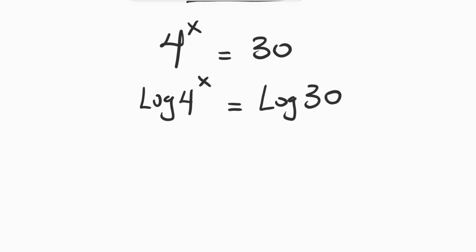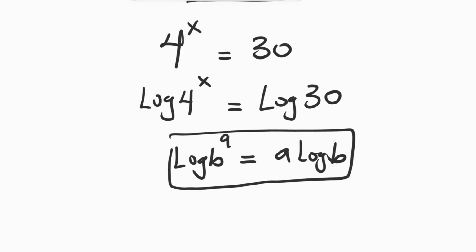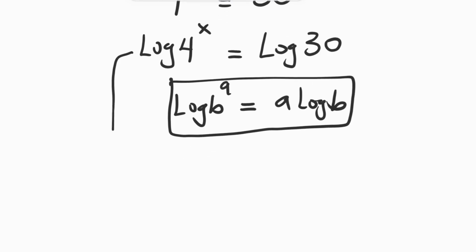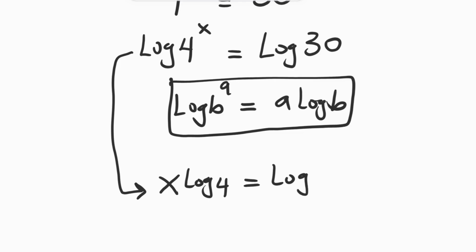Now, our log rule states that when we have log of b raised to power a, it is the same thing as a log of b. This log rule we're going to apply to the left-hand side of our equation. And so our left-hand side now becomes x log 4 equals log of 30.